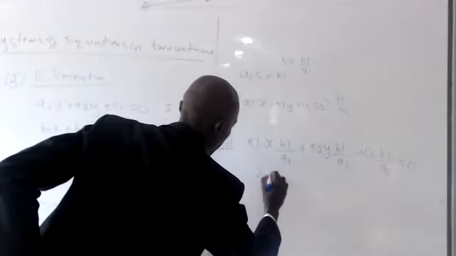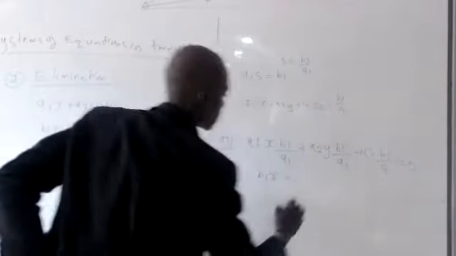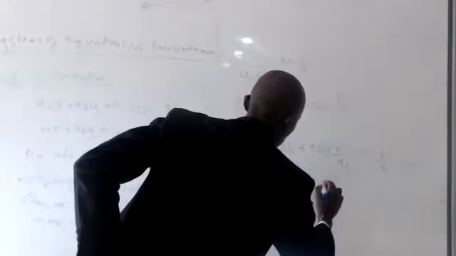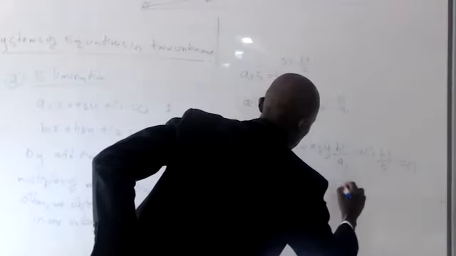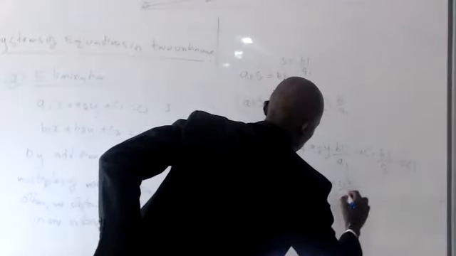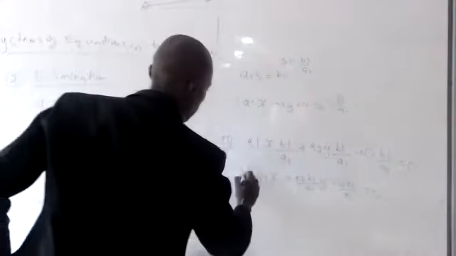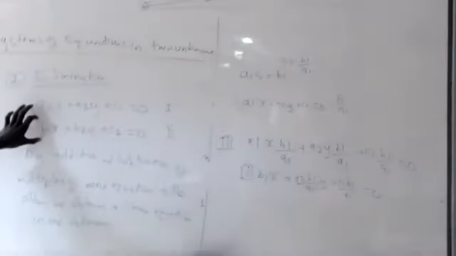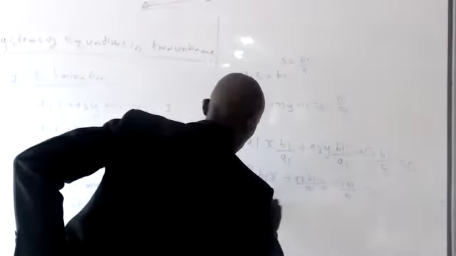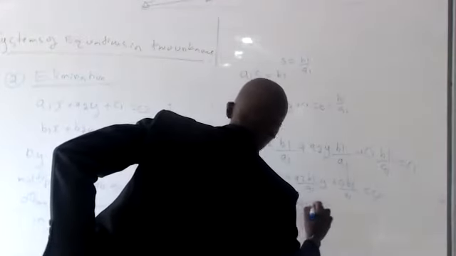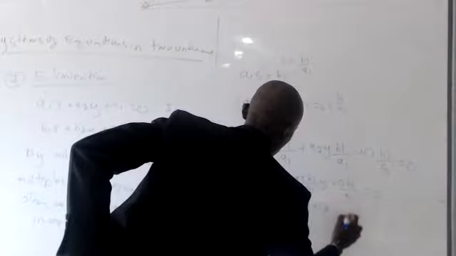So you have b1x plus a2 b1 divided by a1 y plus c1 b1 divided by a1 is equal to 0. So this is your third equation. And you have the second equation as, let me write them close to each other, b1x plus b2y plus c2 is equal to 0. This is your second equation.